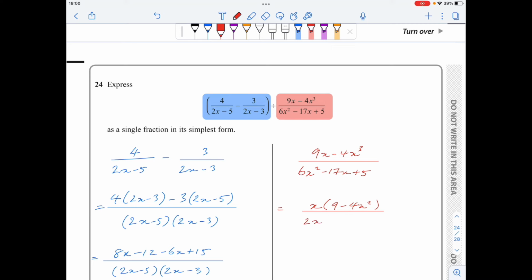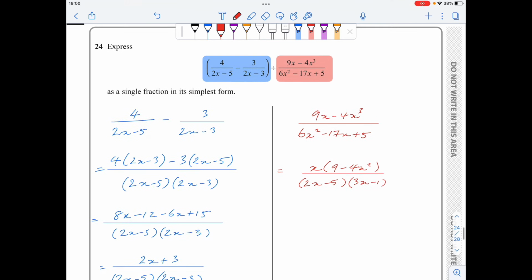This will give me (2x - 5)(3x - 1), and now I can further factorize the numerator. Note the bracket is the difference of two squares, so x(3 - 2x)(3 + 2x), and then I have the same brackets in the denominator.